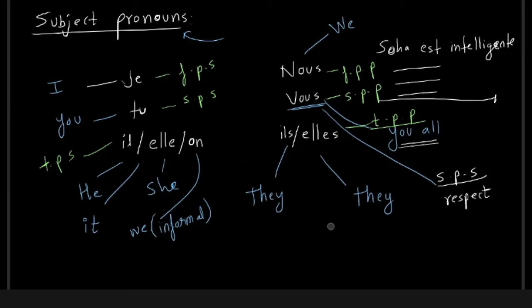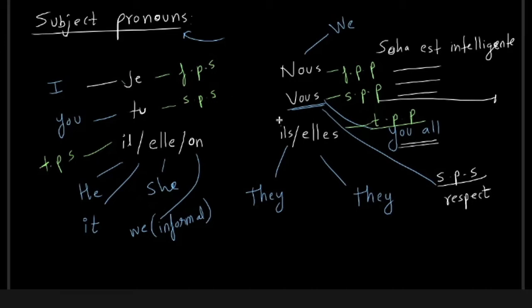Although it is informal we, it is conjugated like il and elle, like third person singular. That's why we have put it in this group. We're going to take examples that will make it clear for you.